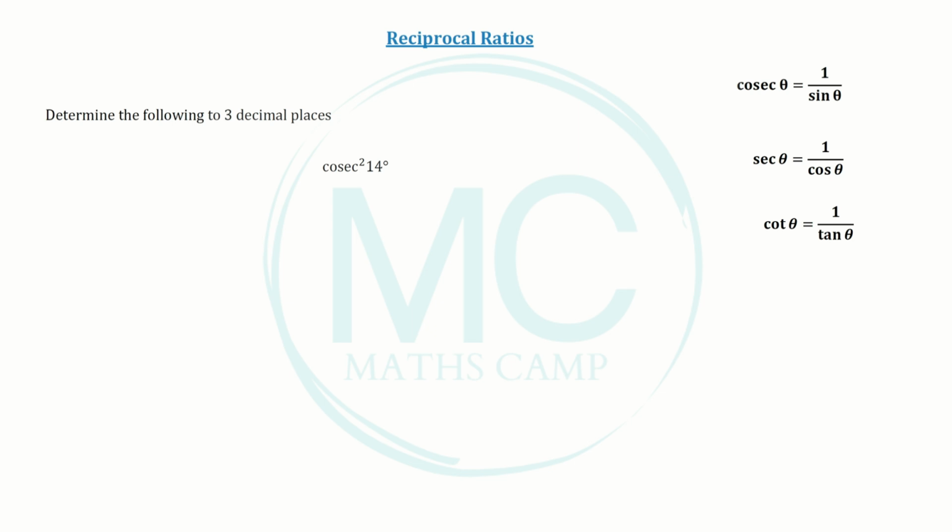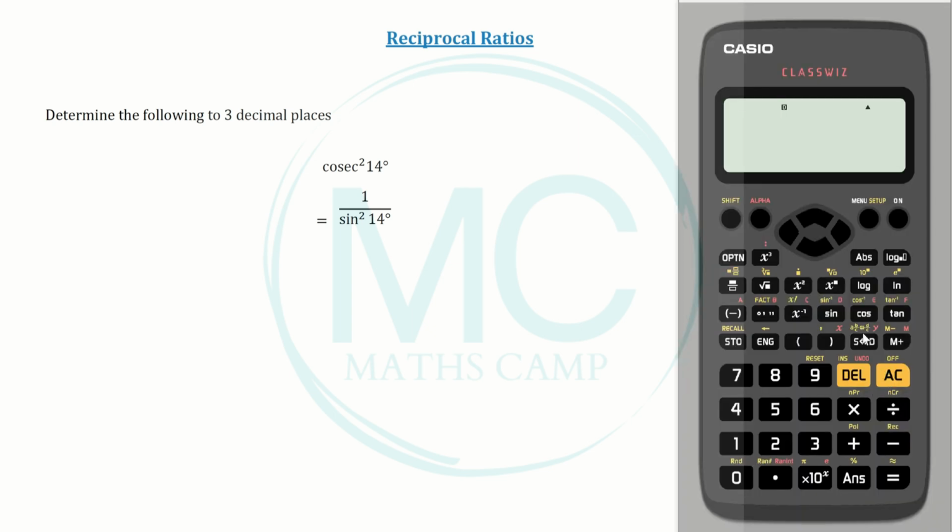Cosec squared 14 degrees. Let's change this into its reciprocal. So we can say is equal to 1 over, cosec is the reciprocal of sine. So we're going to have sine squared 14 degrees. And now we can get our calculators. Let's find the value of sine 14 degrees.